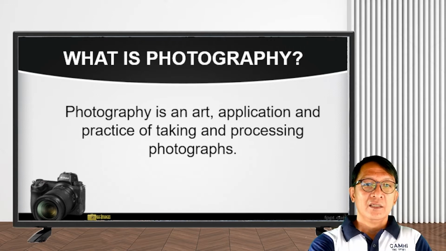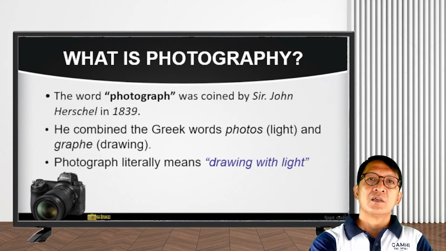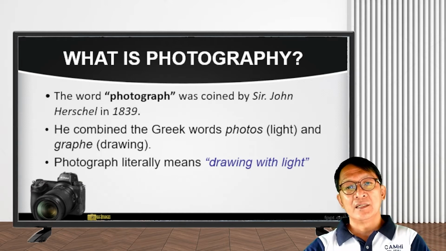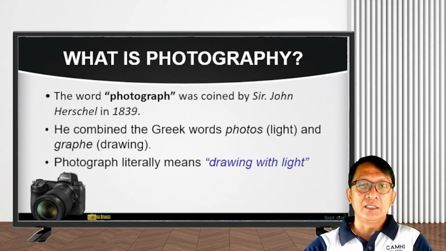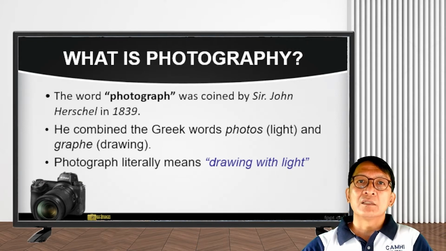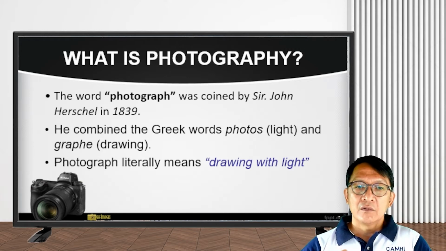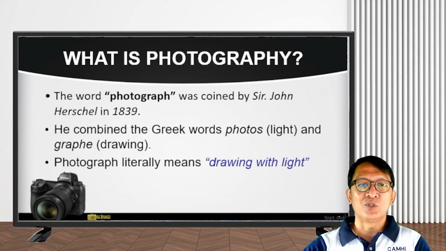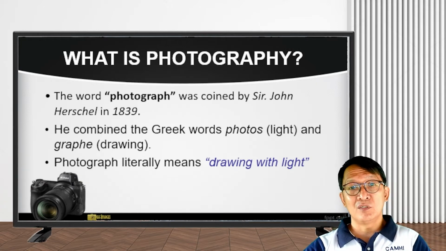Okay? So, what is photography? The word photograph was coined by Sir John Herschel in 1839. He was an English polymath, mathematician, astronomer, chemist, inventor, kung ano-ano pa. Napaka-genius niya. Siya yung nag-invento ng photograph.